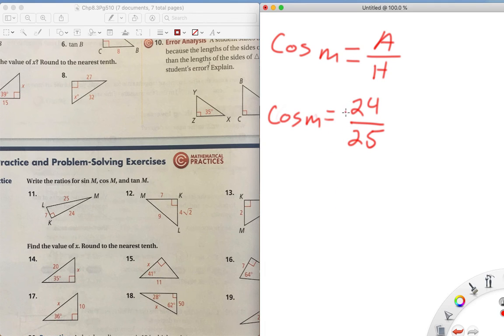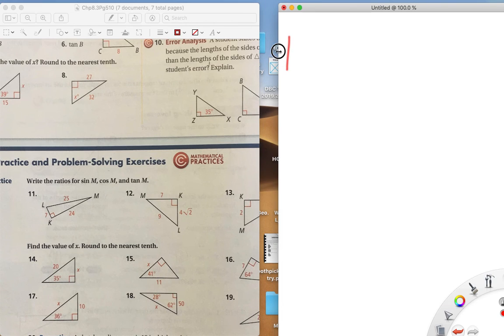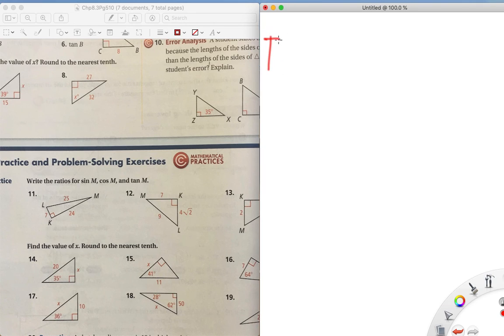And when we're talking about the tangent of m, it is going to be the TOA, or opposite over adjacent.